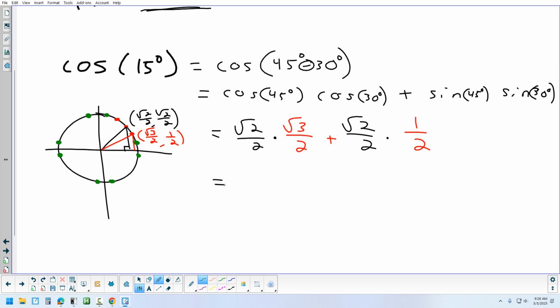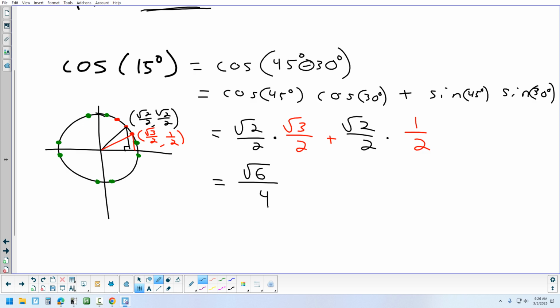When you put that together as one square root, it's not 2 plus 3 inside the root. Oh, it'd be 6. Yeah, so square root of 6, and my denominator on that would be 4.